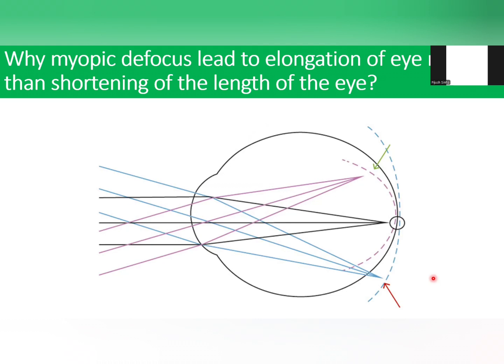So this way, the feedback loop can lead to a cycle where the more myopic an individual becomes, the more signals are sent to elongate the eye. Here also is the role of accommodation. When focusing on a near object, the eye's ciliary muscle contracts, leading to increased accommodation. This can also create additional peripheral defocus, reinforcing the signals for axial elongation.